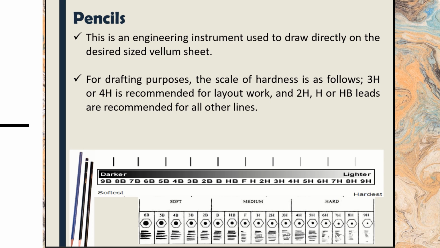It's a pencil that is used to draw. For drafting purposes, the scale of hardness is as follows: 3H or 4H is recommended for layout work, and 2H, H or HB are recommended for all other lines.